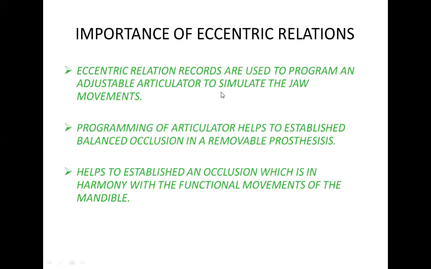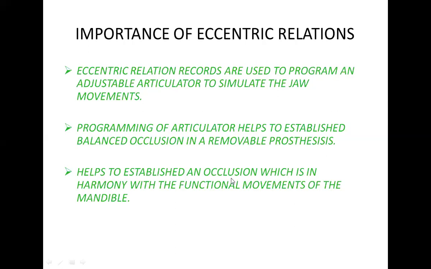If you want to program your articulator, meaning you want to duplicate on your articulator whatever movements your patient is able to perform, you need these records. Until and unless you record the centric relationship and eccentric relationship, you will not be able to program your articulator completely for your prosthesis.